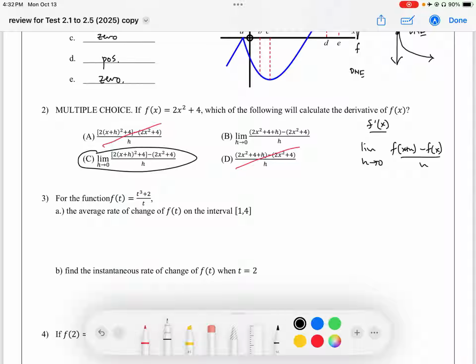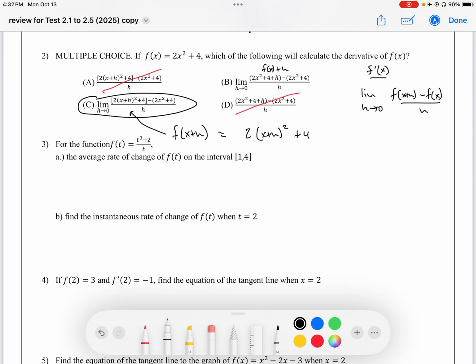It just varies from B a little bit. This one, it looks like they did f of x and then added h. And over here, they actually plugged x plus h into the function to get 2 times (x plus h) all squared plus 4. So C is the correct one there.